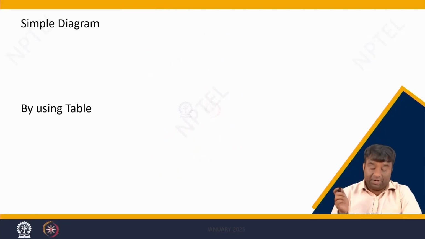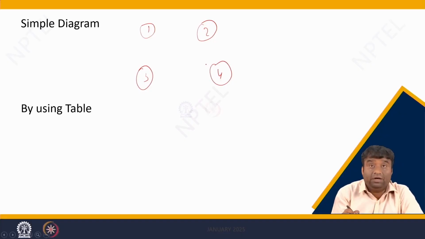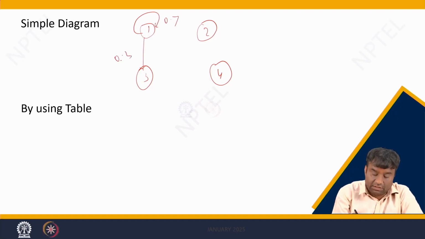Another is a very simple diagram, where we write the nodes 1, 2, 3, 4. 1 is related with 1 with 0.7, and 1 is related with 3 with 0.3. 2 is related to 2 with 0.7, and 2 with 3 with 1.